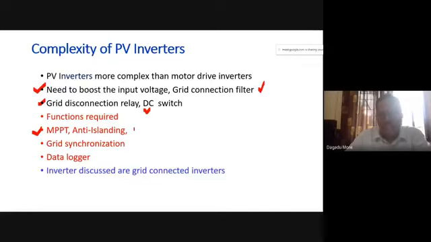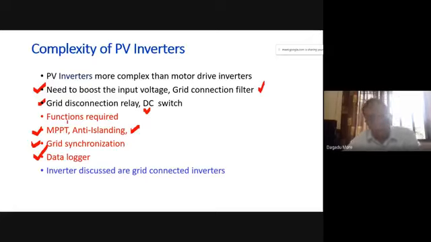We can isolate the inverter during a fault in the grid. We need auto closing, that is, grid synchronization is required, to connect the inverter to the grid. And all this requires data logging: active and reactive power, number of units consumed, that data should be available online, so a data logger is required.